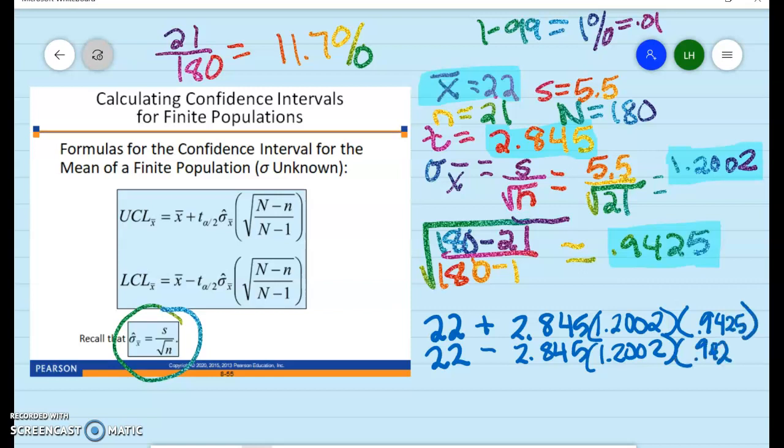So I'm going to plug that into my calculator, and I'm going to round to 2 decimal places. Okay, and when you plug that in, this is the confidence interval you will get.